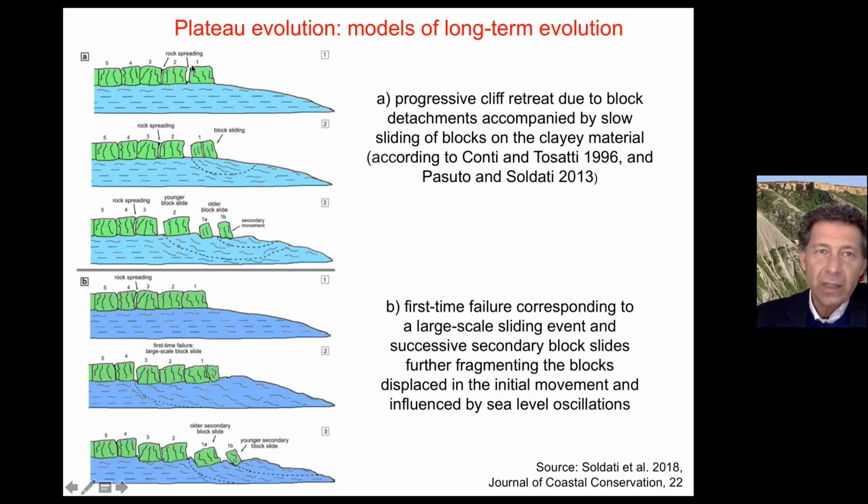So in that case, you may expect that the older detachment is closer to the edge of the cliff, and getting inland, you get more recent events. This actually was not the case of the dates that we found, because we found the oldest dates inland and more recent dates instead in front.